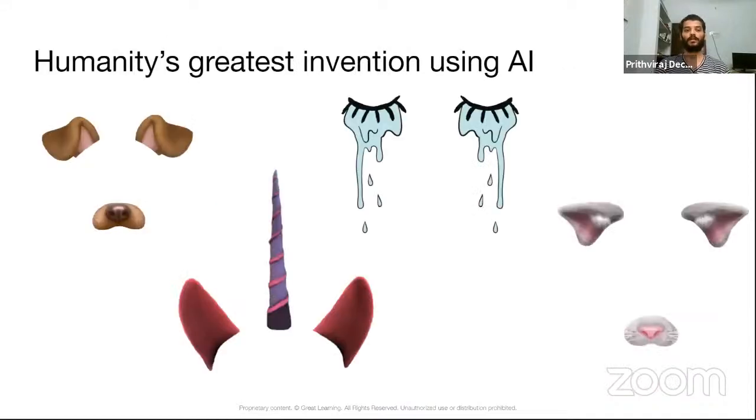But so far, the greatest invention that humanity could achieve using AI is Snapchat filters and Instagram AI filters. So there's some very serious machine learning and deep learning that goes into making these stickers.